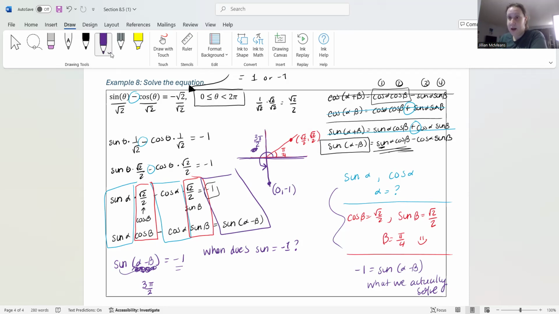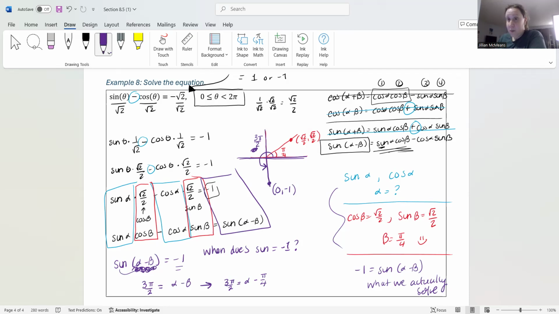So whatever the angle inside the sine is, it has to equal 3 pi over 2. That tells me 3 pi over 2 is equal to alpha minus beta. So 3 pi over 2 is equal to alpha minus pi over 4, because we know what beta equals. And now we just have a really simple solving to do.